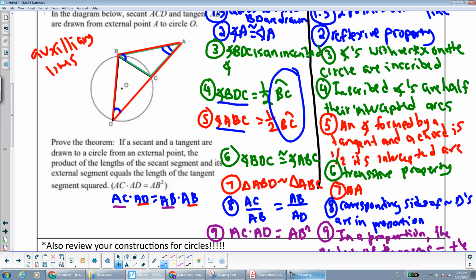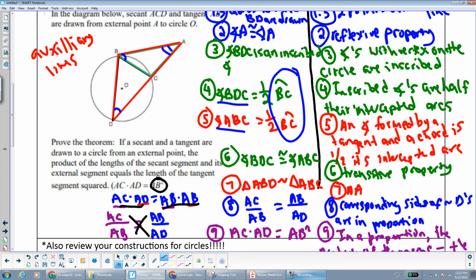So I can divide the means, which I have in purple, that's AC over AB, equals 2. Let me divide the extremes. I have them underlined in red, AB over AD. And that should always cross multiply to give you the product that you need. AC times AD, that is what we need. AB times AB, that is what we need. That's AB squared. So over here, I have the proportion.